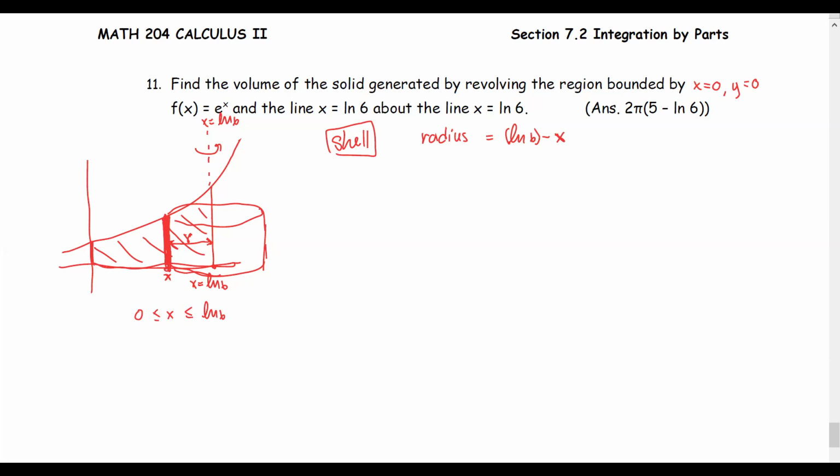And since we make a partition that is perpendicular to the x-axis and parallel to the axis of revolution, the thickness of the shell is delta x, or dx.